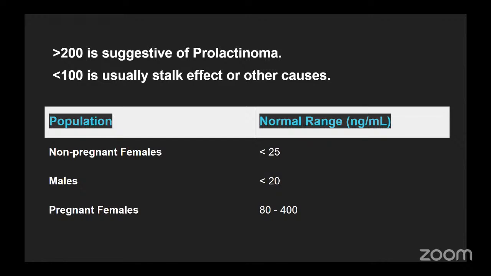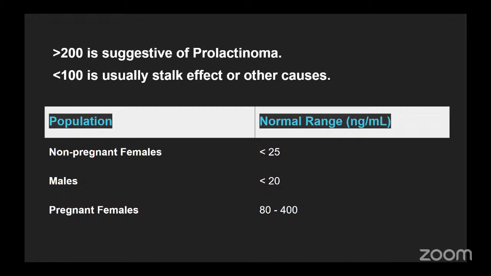Yes, ma'am. Okay, so these are some normal levels. Non-pregnant females are less than 25. You really need to remember this if you are preparing for any exam in the coming few weeks or so. For non-pregnant females, the normal range is less than 25. For males, it's less than 20. For pregnant females, 80 to 400 nanograms per ml is okay.